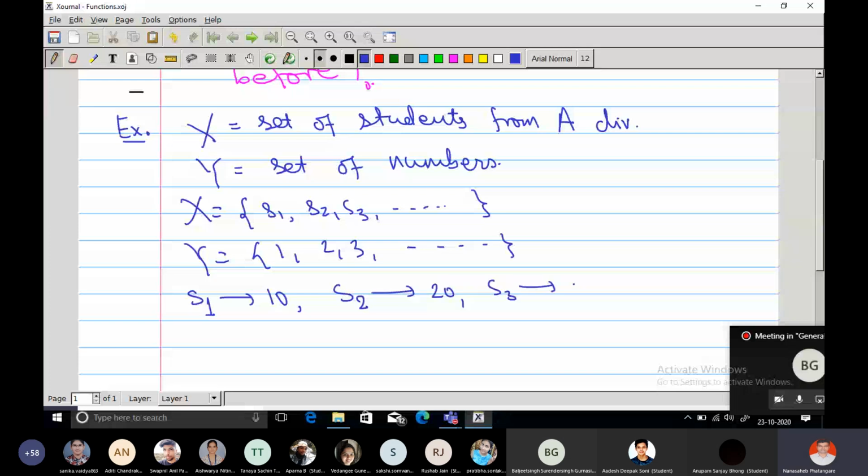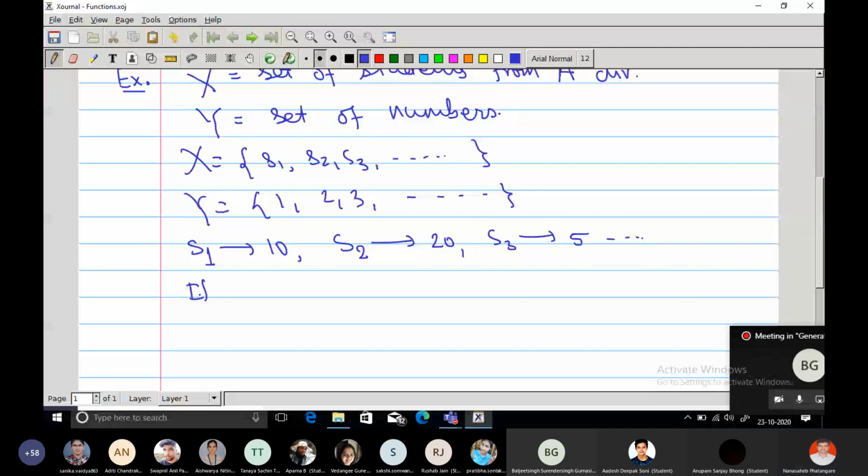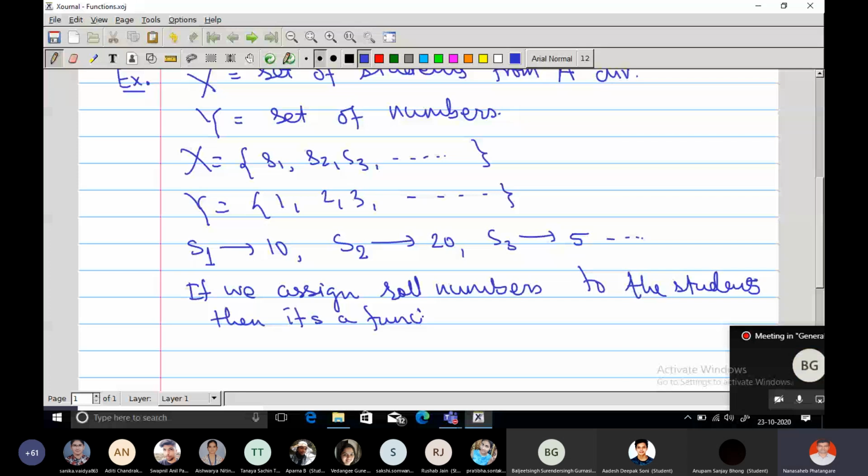So if we assign roll numbers to the students, then it's a function. Why is it a function, and what are the properties of a function?